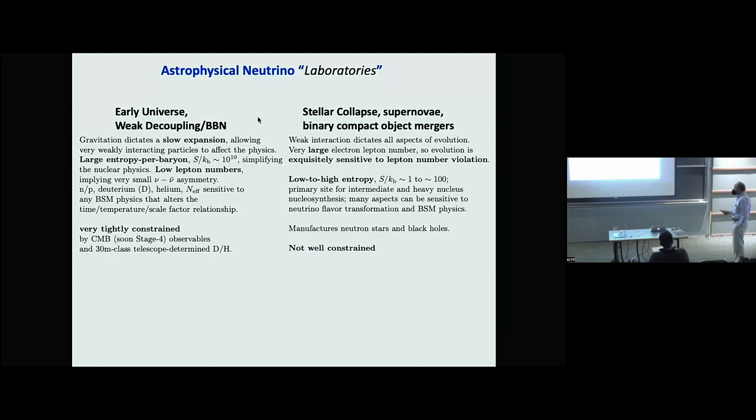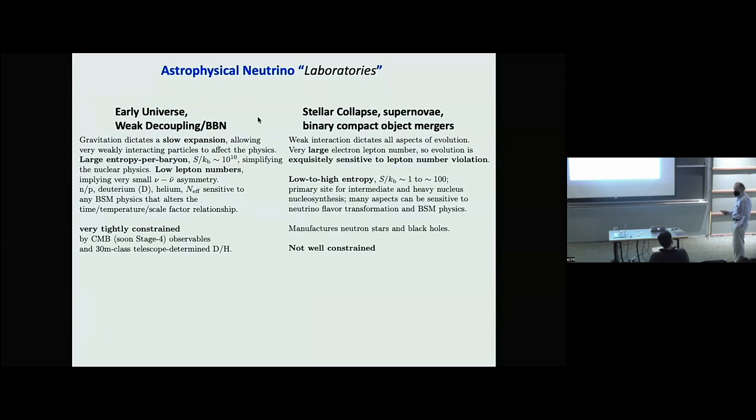Also, the entropy per baryon is very large, at least on a nuclear physics scale. And that simplifies the nuclear physics of this epoch, which is nice, as you'll see. The other issue is that we know from the light element abundances from helium and deuterium that the lepton numbers are low, at least on a nucleosynthesis scale.